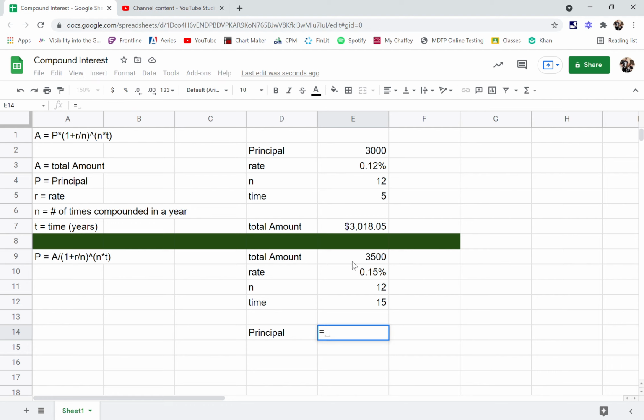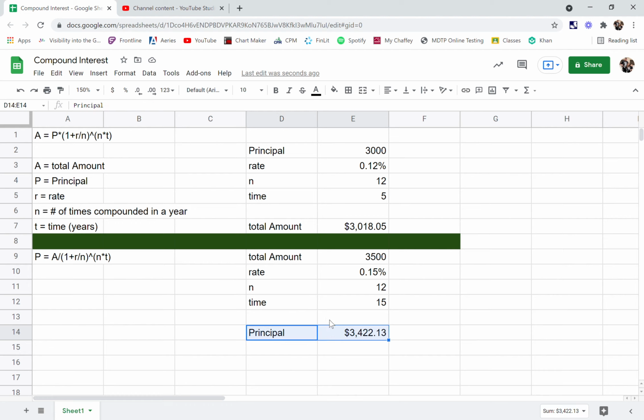We're going to type in equals amount divided by 1 plus R over N, close parentheses, to the power of N times T. This tells me that in order to reach my goal, I need to deposit right now $3,422.13, which means in 15 years I will have made approximately about $78. Pretty cool. And that's it for compound interest.